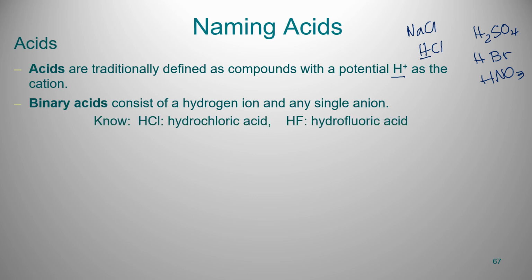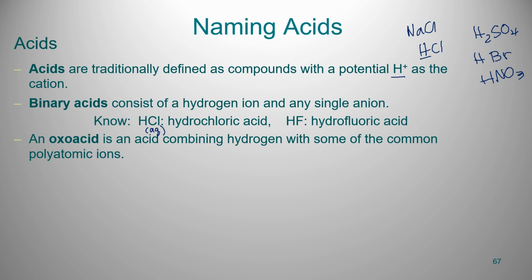So it actually changes. We end up saying hydro and then chloric acid. Now technically HCl is hydrogen chloride. That's usually a gas; if it's dissolved in water, so often you'll see aqueous, that's hydrochloric acid. HF, hydrofluoric acid. HI would be hydroiodic acid.